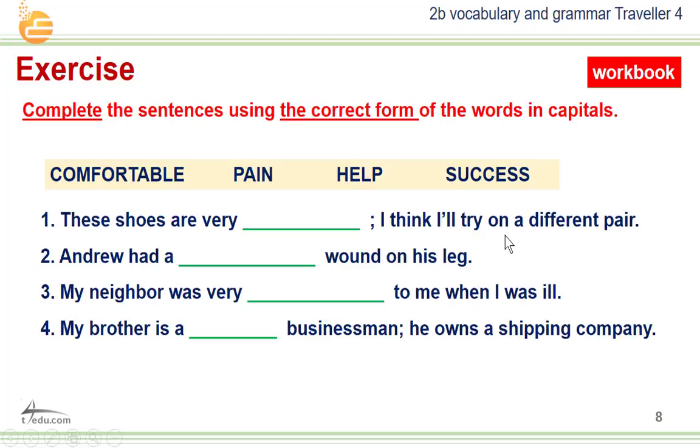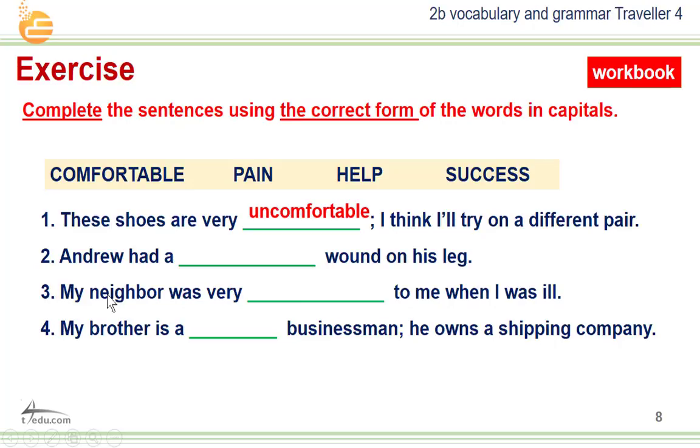Yes, we can use comfortable, but we should add a prefix or suffix to make it correct. If we say these shoes are very comfortable, why should he use a different pair? So it is the opposite of comfortable, which is uncomfortable.